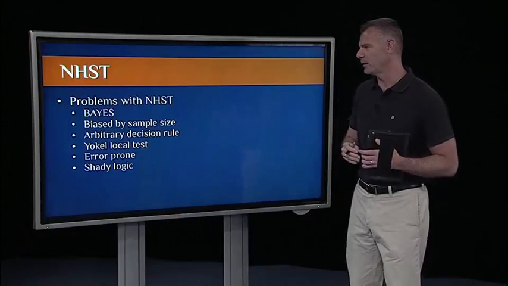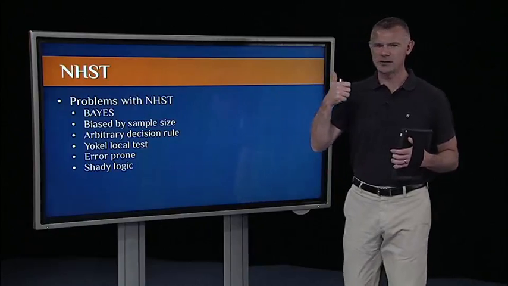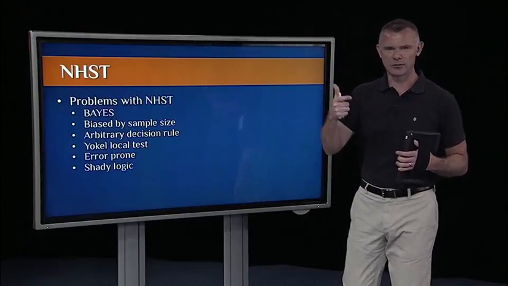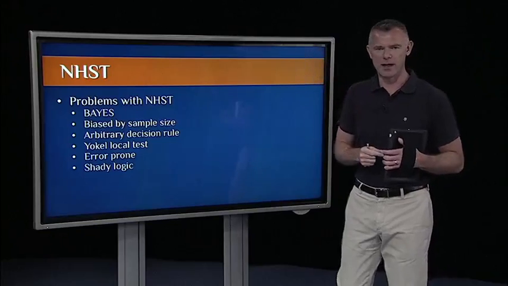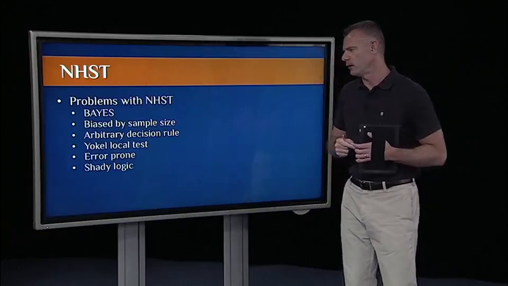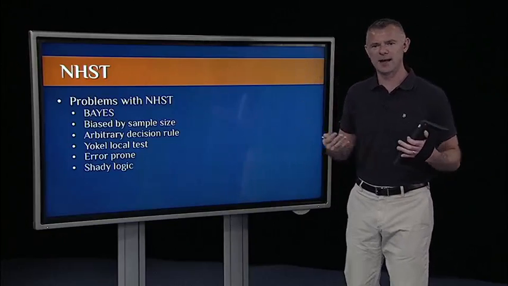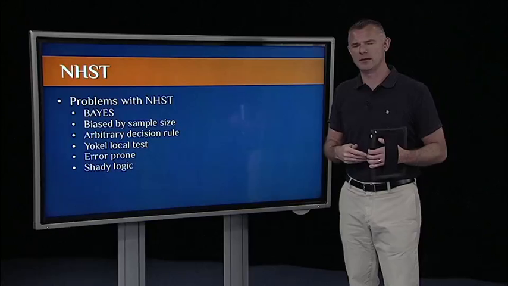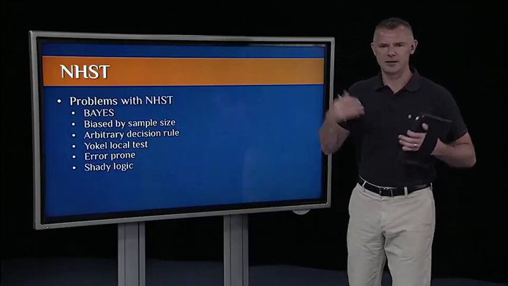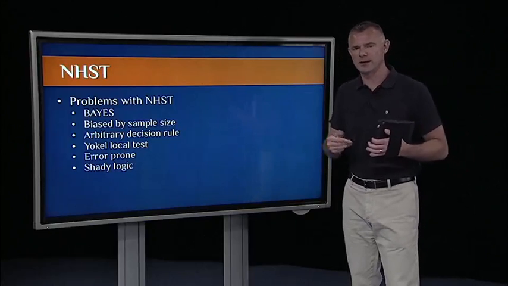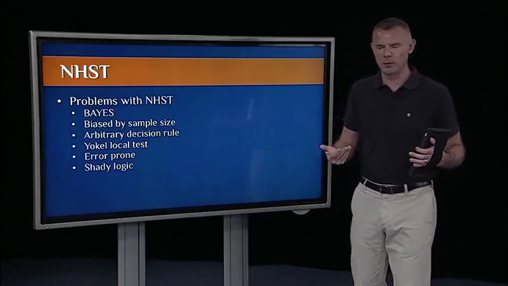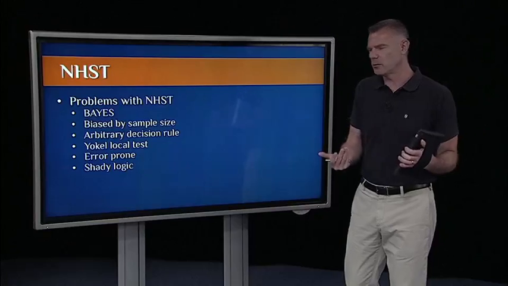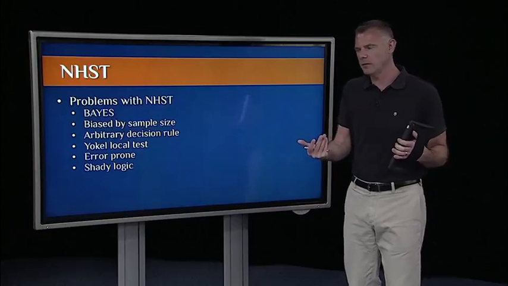So the Bayes acronym stood for NHST is biased by sample size. There's an arbitrary decision rule, right? We just pick alpha of 0.05 lots of the time. I call it the yokel-local test because a lot of researchers use it because it's the only thing that they know. It's the only thing that they were taught, and they just go on using it over and over again, even though in a lot of cases it might not be appropriate. It's error prone, so we know that we're always susceptible to a type 1 error or a type 2 error.